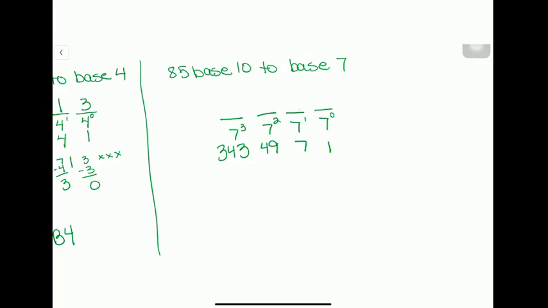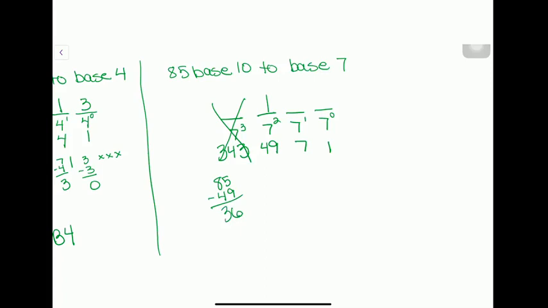Now I'm going to try to package these candies. So I can't fit any boxes of size 343, but I can fit one box of 49. So 85 minus 49 would give us 36 left.